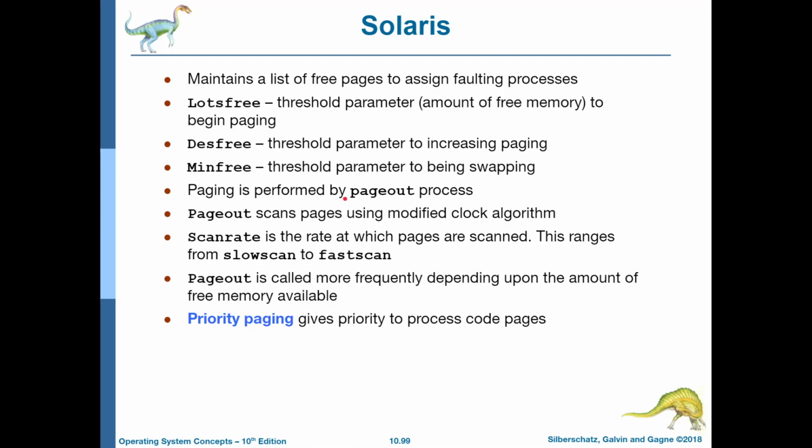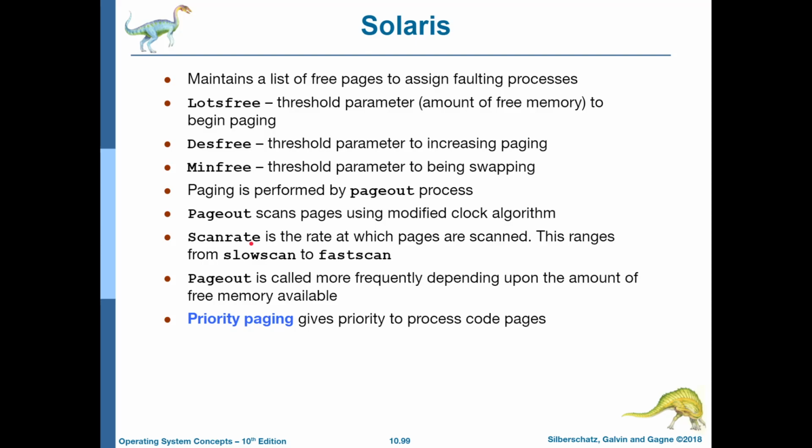There is a special process that is used to perform these particular paging operations on processes called the page out process. What it does is it scans pages and checks to see if any of these parameters are met, any of these thresholds are met. And if they are, different operations are performed.